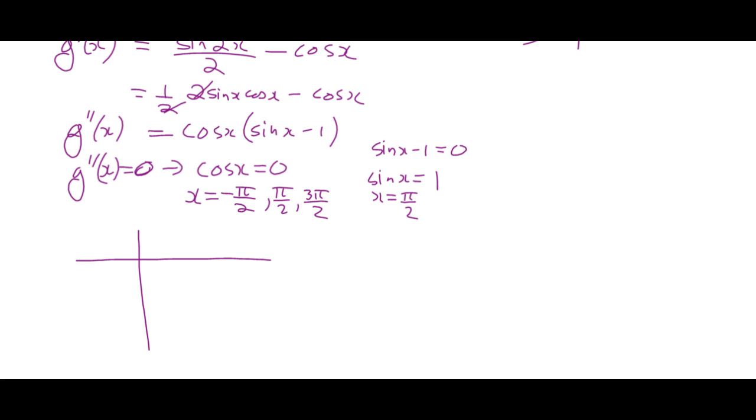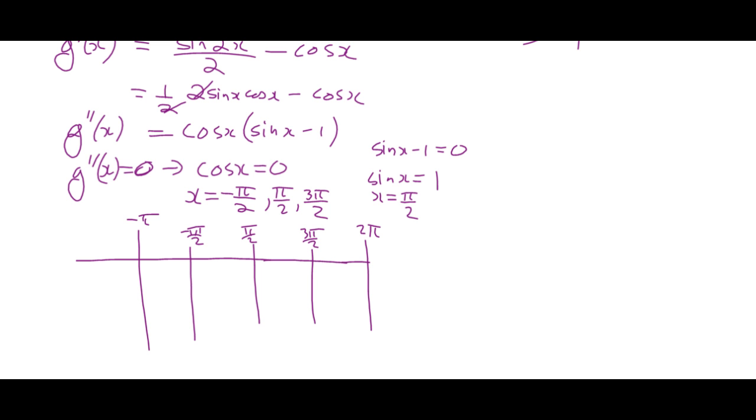So what do we got? Negative pi, negative pi over 2, pi over 2, 3 pi over 2, and it all ends at 2 pi, since we're in the interval from negative pi to 2 pi. I'm just putting those on here.